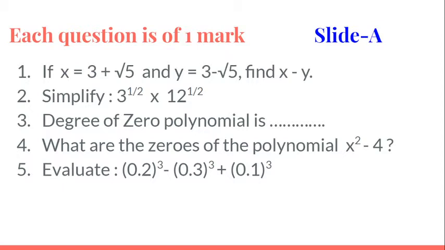Then the fifth question, evaluate 0.2 whole cube minus 0.3 whole cube plus 0.1 whole cube. So these 3 questions, that is question number 3, 4 and 5, are from polynomials. I have taken these 3 questions from chapter number 2. Basic questions.